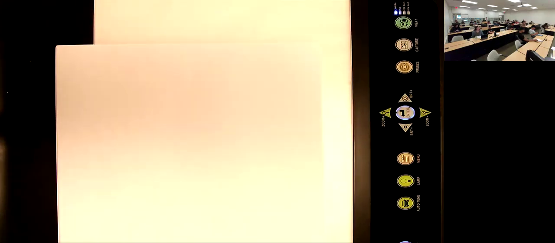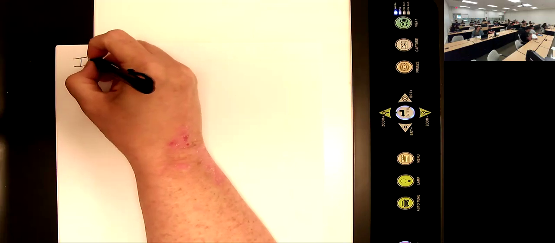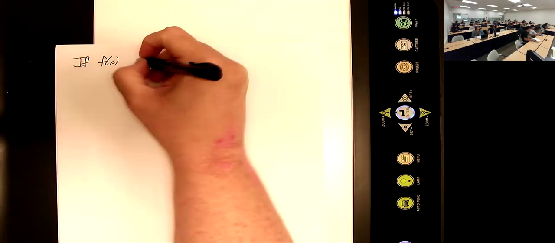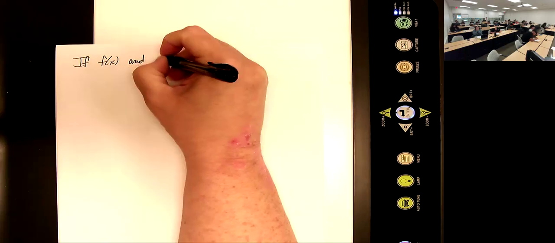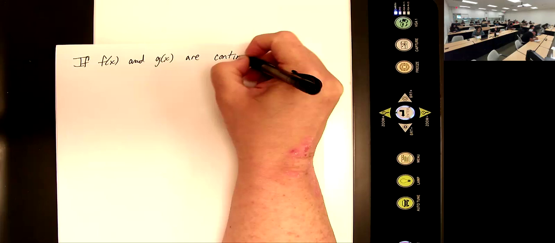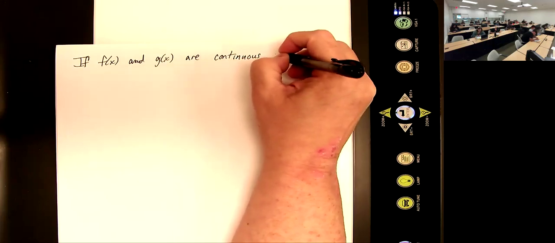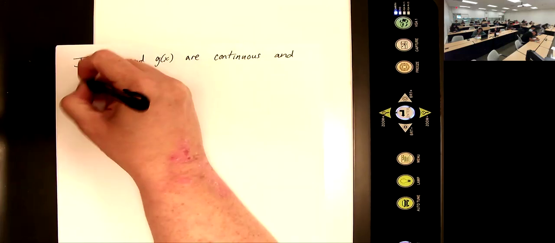All right, this example feels really lame to me, but it's an example. Let's say f of x and g of x are continuous, and f of 5 equals 7.